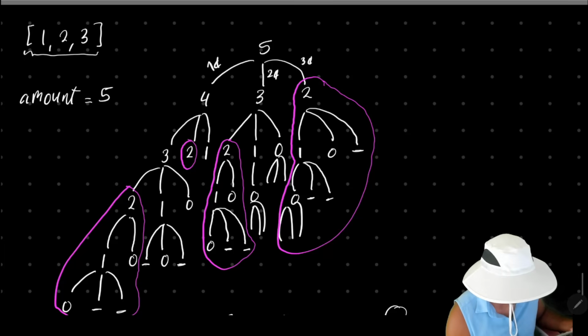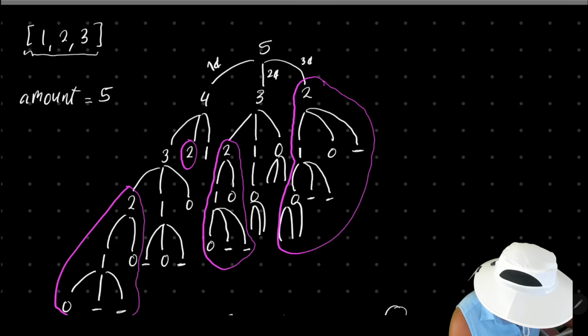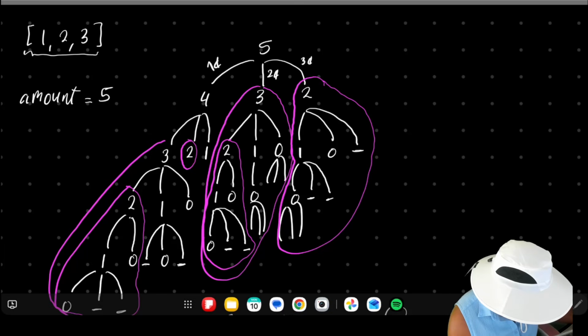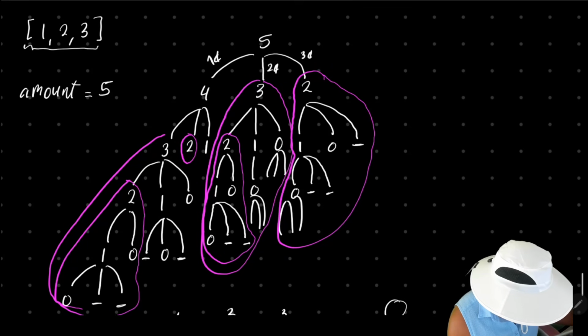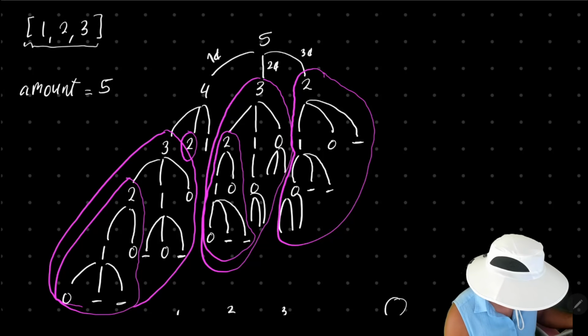The subtree is the same. And if you look at 3, actually, believe it or not, the subtree is the same as this subtree. So there's so much work that's getting repeated. Lots of work that's getting repeated.